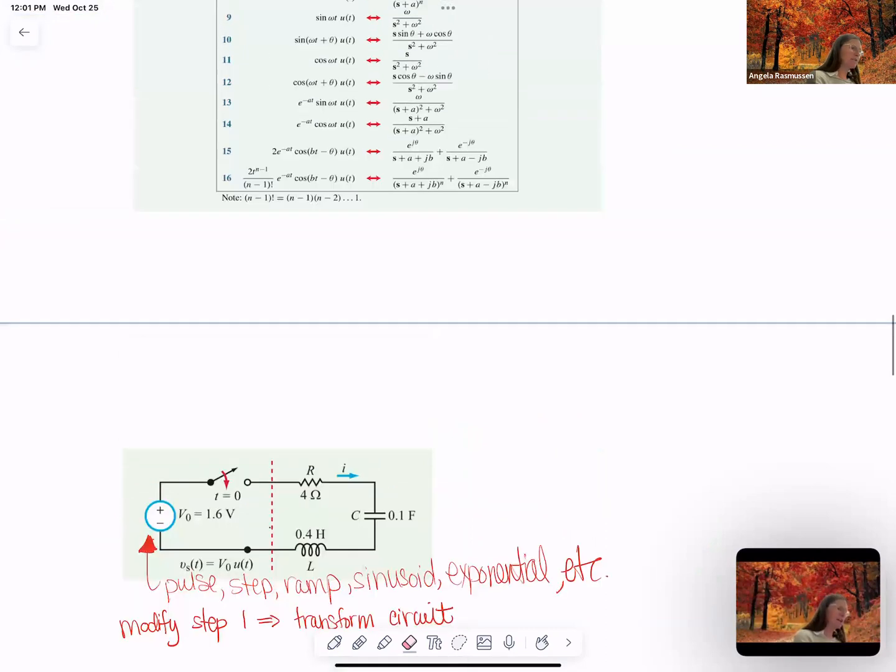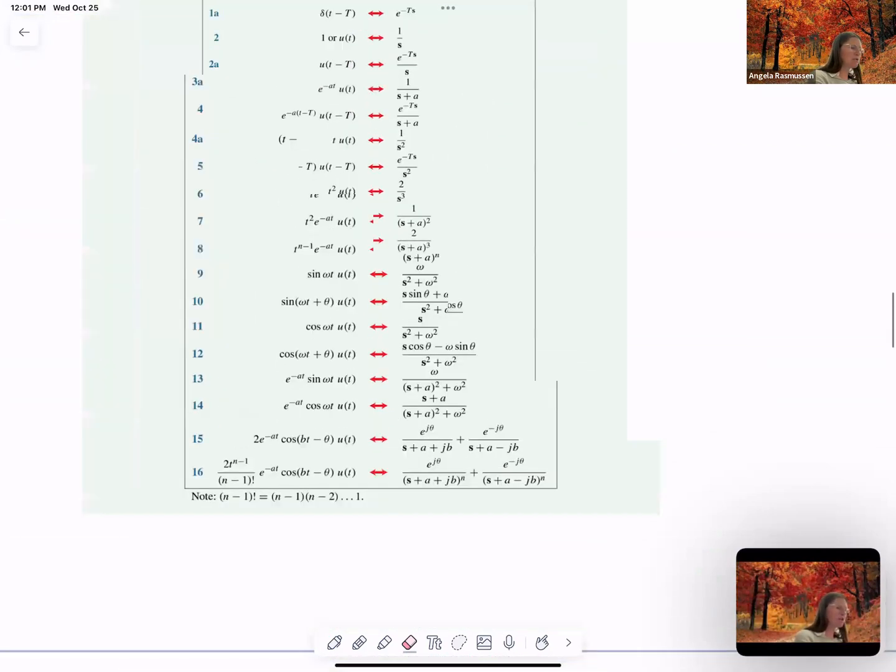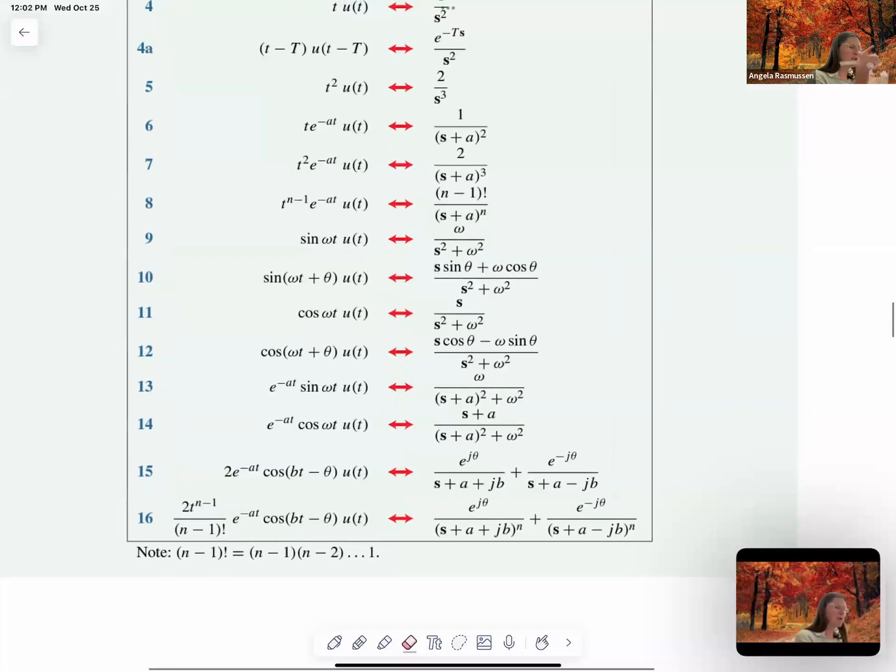Anything basic, and you can do sinusoids if you want to. Those get to be a little messy. So we've been doing more of the math of just a step function, or anything after time 0. And that's where that 7 u(t) comes in.